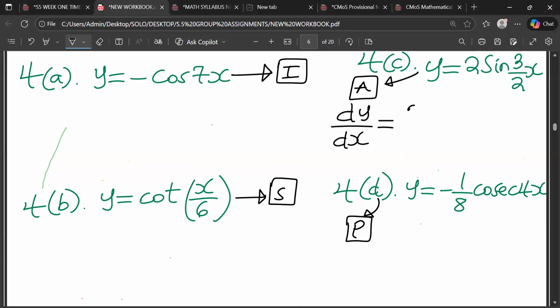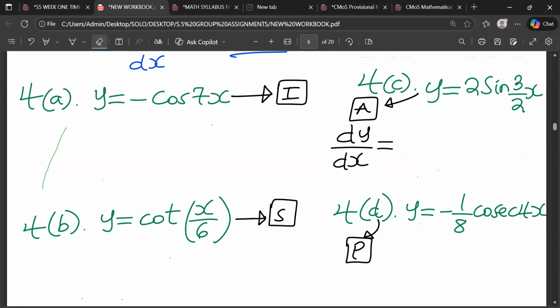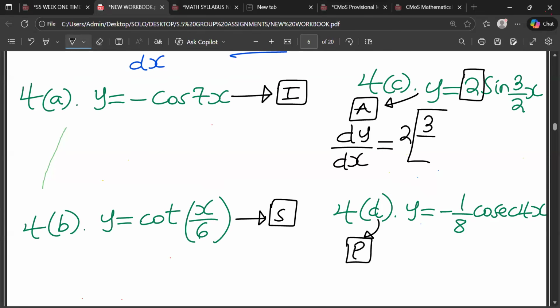Yes, so you put it out, 3 over 2. Remember, we already have this 2, so we leave it out. Then we do our mathematics from inside here.